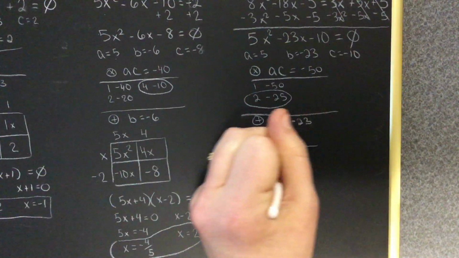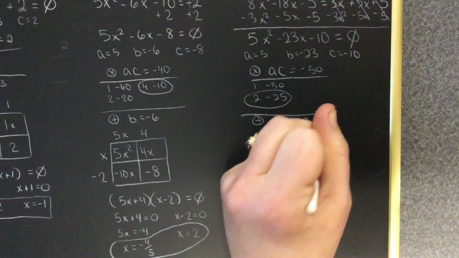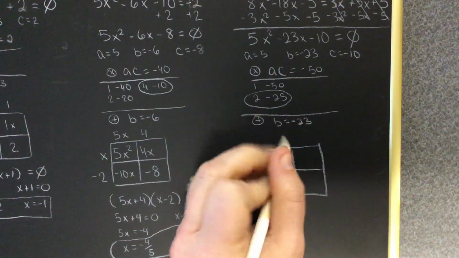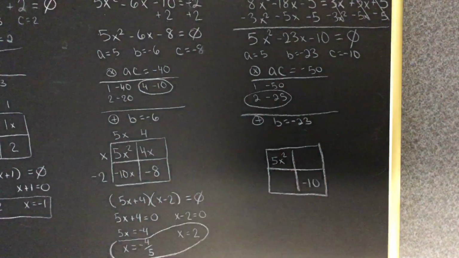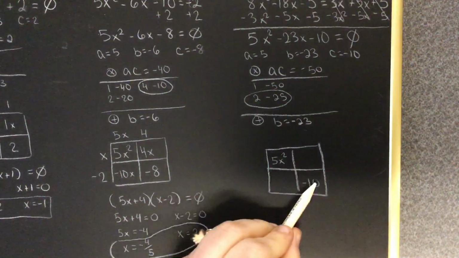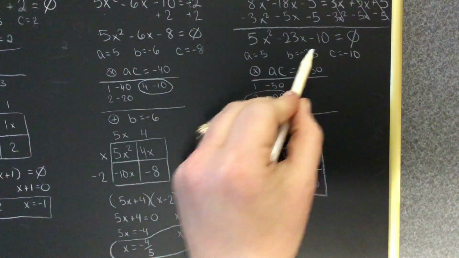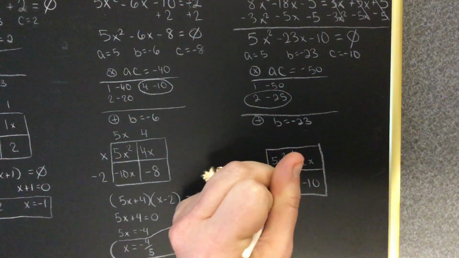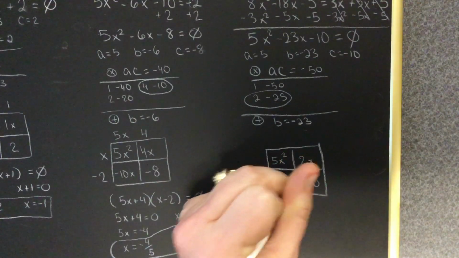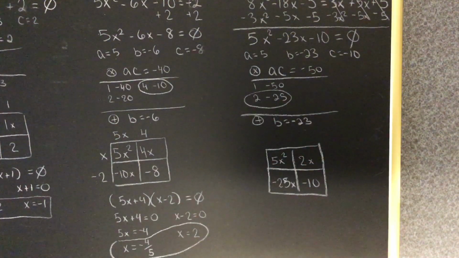So then create our box. 5x squared and negative 10. So our first and last terms. And then 2x and negative 5x. And then GCF.